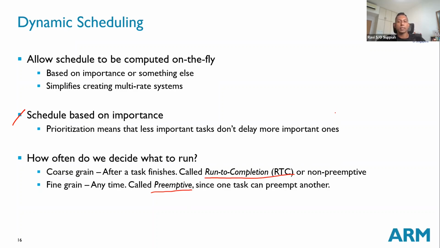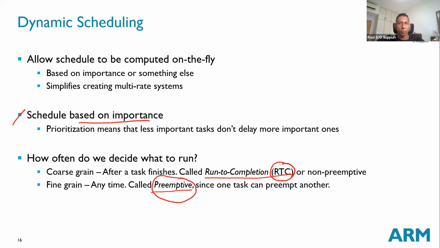Now the next is what we call dynamic scheduling. In dynamic scheduling, I schedule tasks based on importance. Based on the importance of the events that are happening, I can decide who is going to run next. This also has 2 variations: one is run to completion, and the other is preemptive.